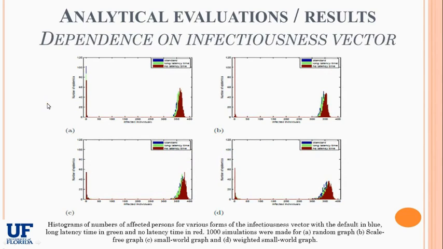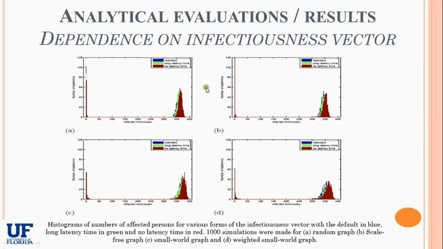Another parameter that we also considered is the infectiousness vector. We chose different vectors: the standard vector that was used in all the other examples, one with a long latency time, and one with no latency time, just to see how the infectiousness vector affects the epidemic spread.